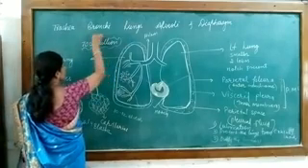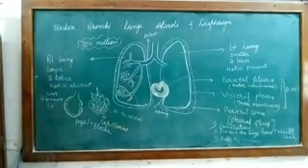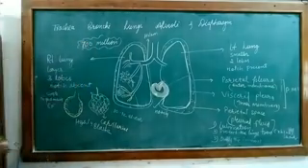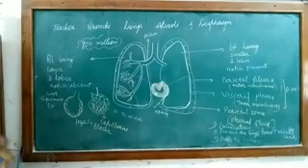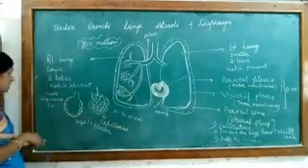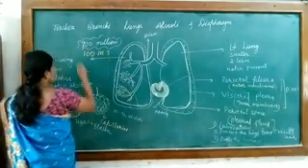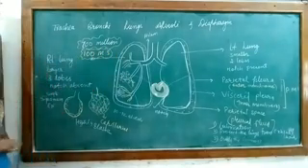Those increase the surface area for the exchange of gases. What is the total surface area covered by the alveoli in our lungs? It is 100 square meters.